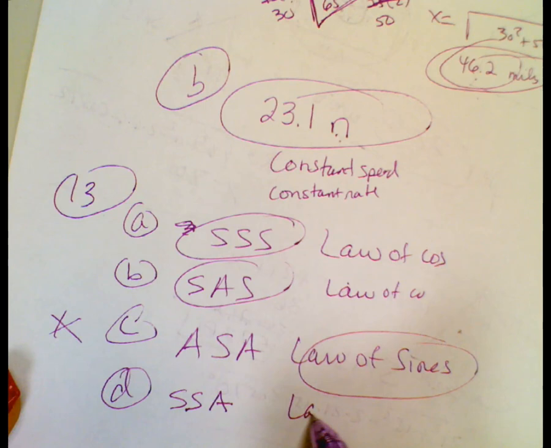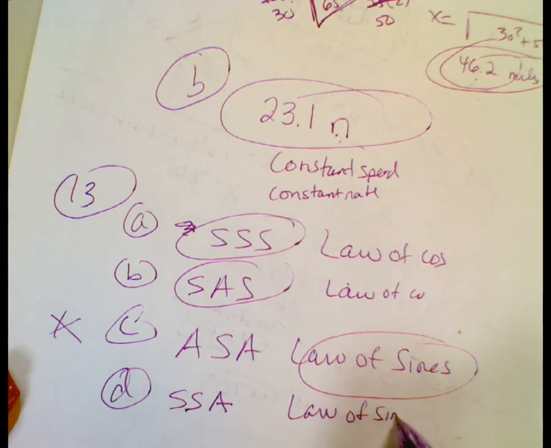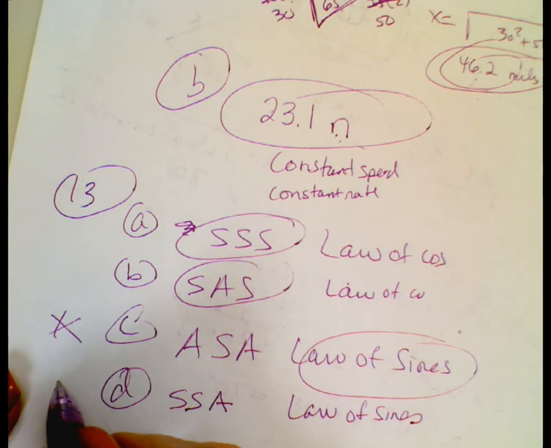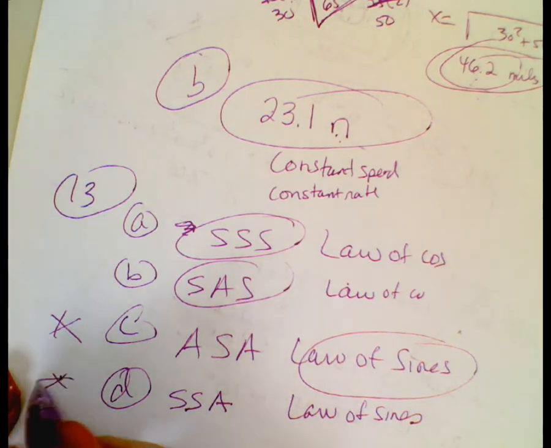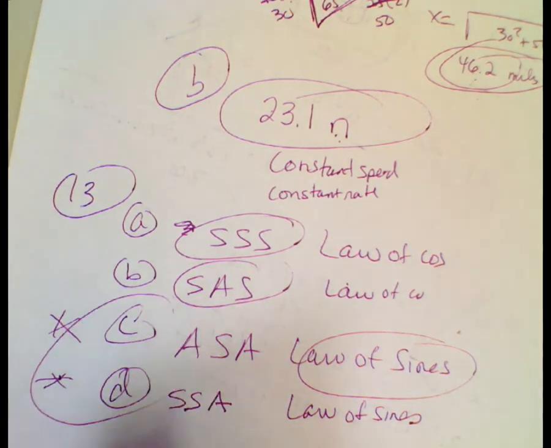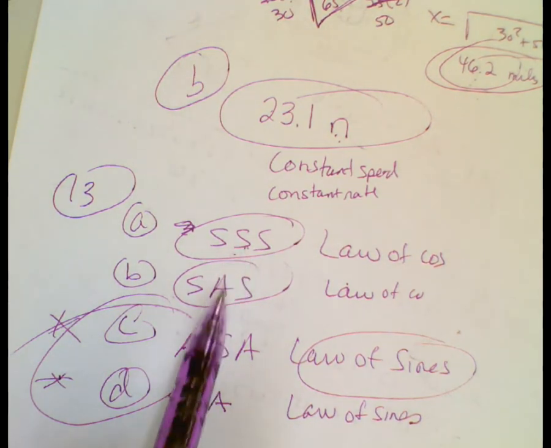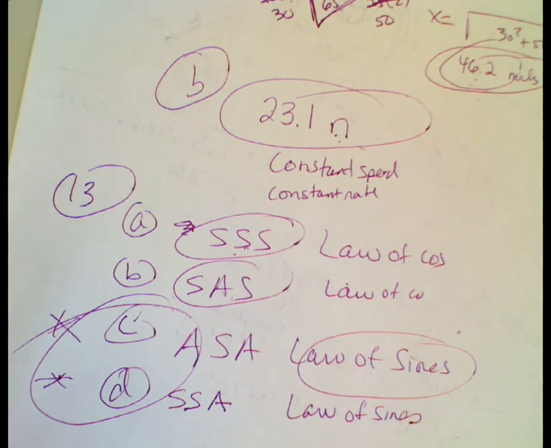This is also going to be law of sines. So it looks to me like there are 2 answers to this. I'm going to say it's C and D. You only use law of cosines if you know SSS and SAS. Done!